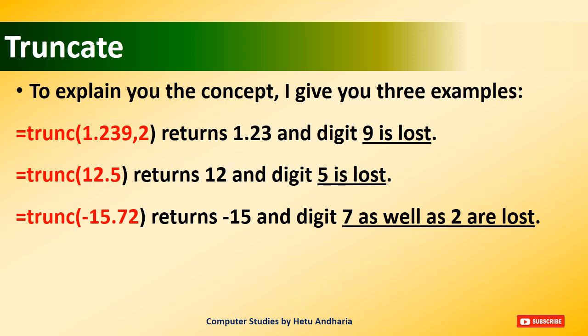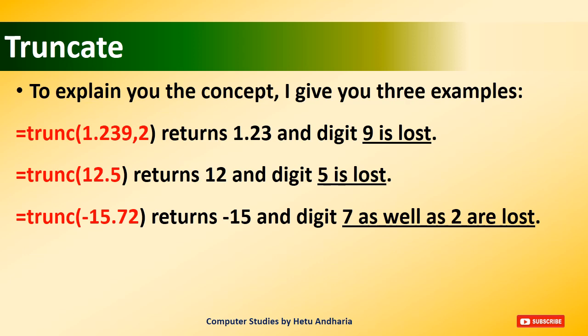To explain you the concept, here 3 examples are given. In the first example, you can see TRUNC into bracket 1.239, that is after point there are 3 digits, and then comma, then the second argument which is given is 2. So it returns 1.23 and the digit 9 is lost, that is after point it gives the output of 2 digits.